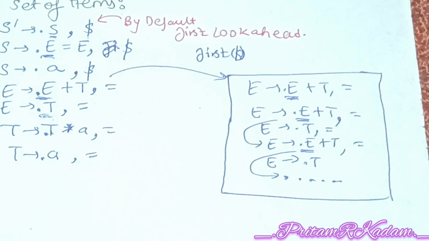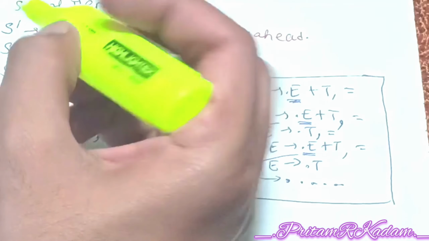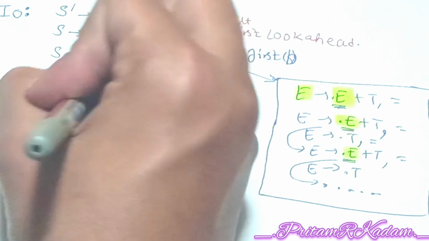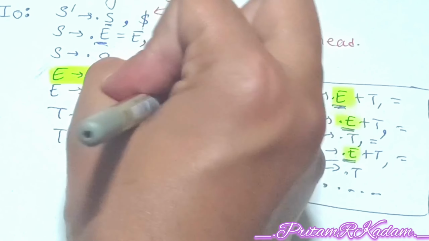Let me write it down so that you can take a screenshot, or make a note of it as important, so that you don't forget this during exams. Let me write the first of the next element.